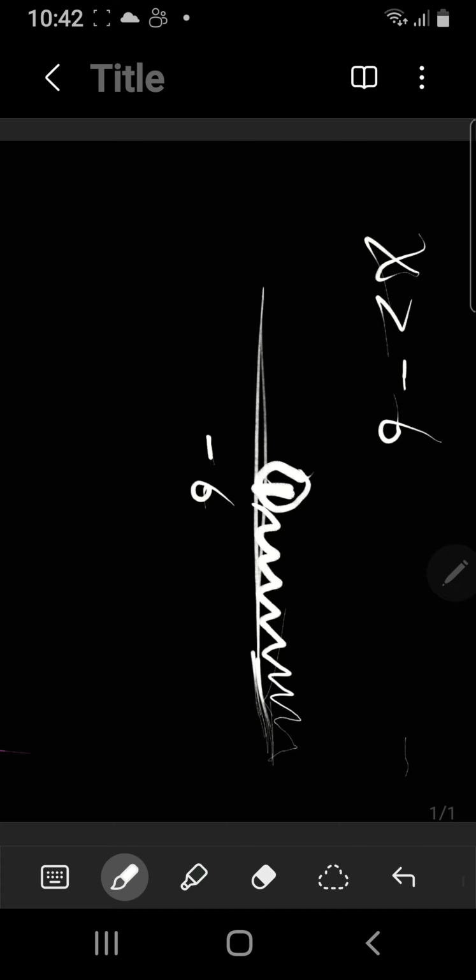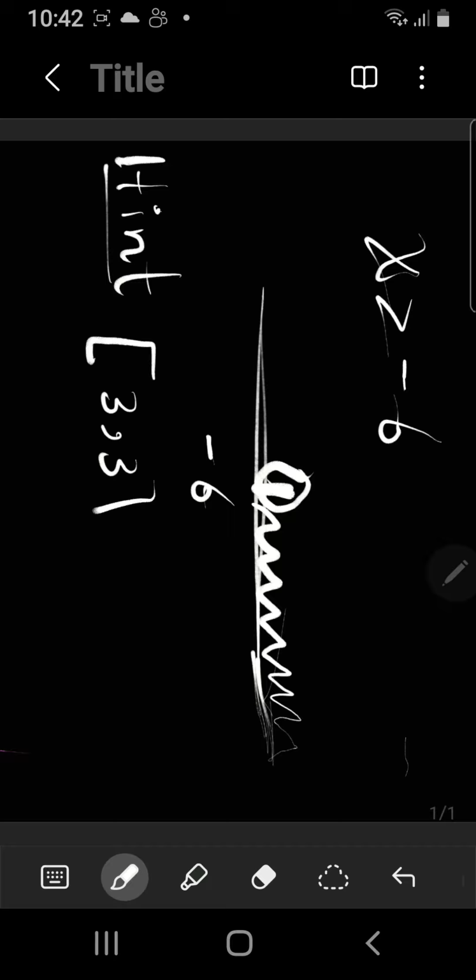We have a hint here. The interval 3 comma 3: the beginning of the interval is 3 and the end of the interval is 3.